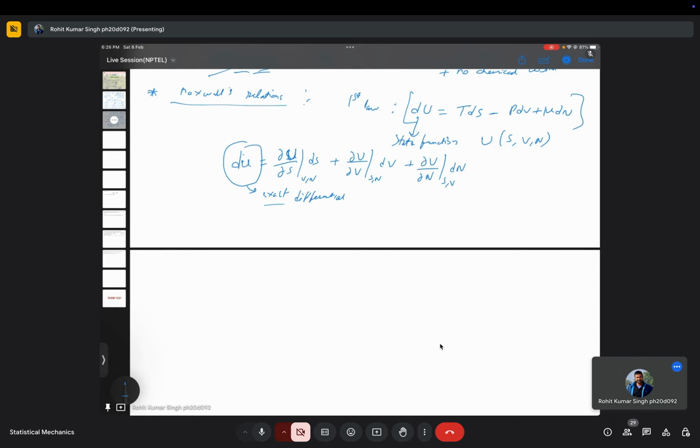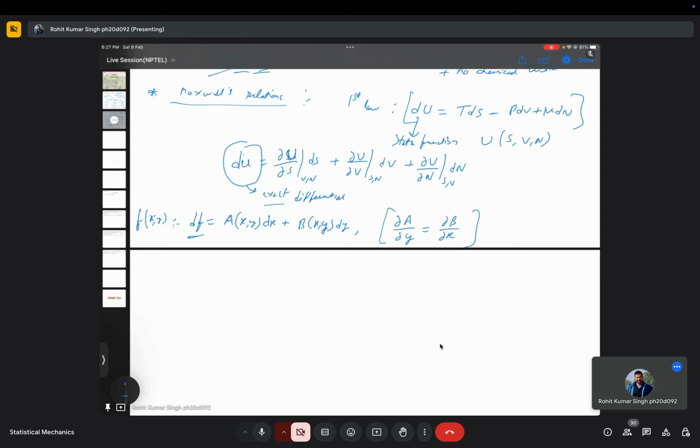So for example, if you have an exact differential df, so you have f of x, y, right, and the finite change in f is given by this. Here A and B are some arbitrary functions, and if this is an exact differential, then this criterion will always be satisfied.